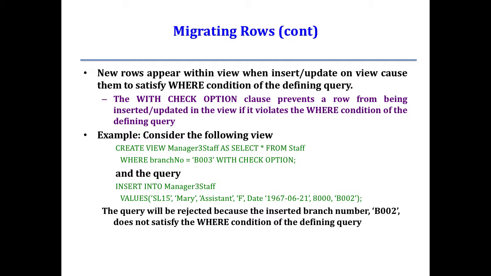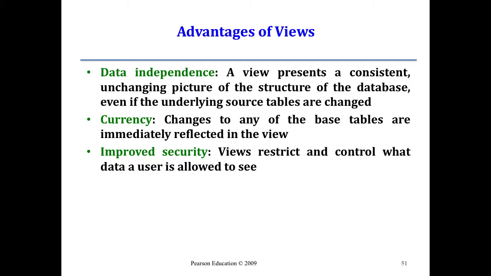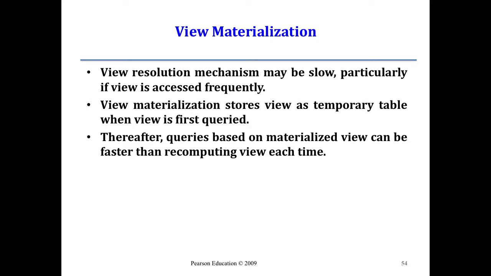In fact, we were hoping to restrict the manager from being able to see anyone else's details. So it also becomes a security issue. Okay, like I said, I'm not really worried about this, so don't worry too much about it. We've already talked about the advantages and disadvantages of views on the first day. I'll let you read through it.